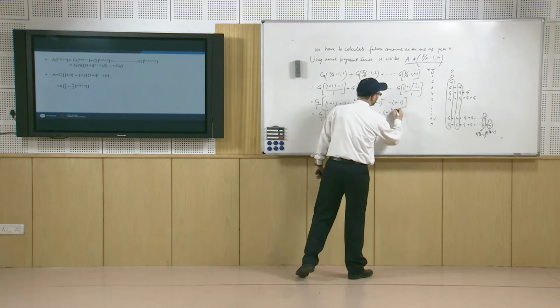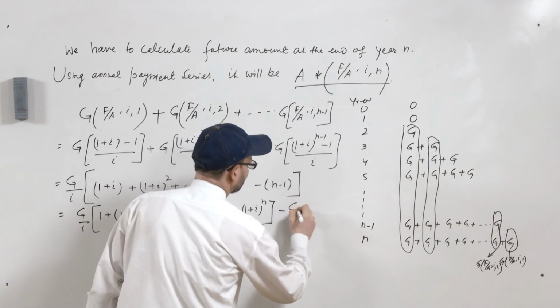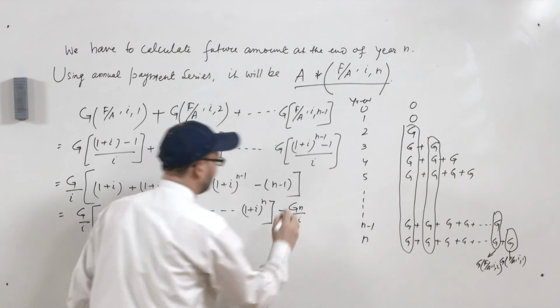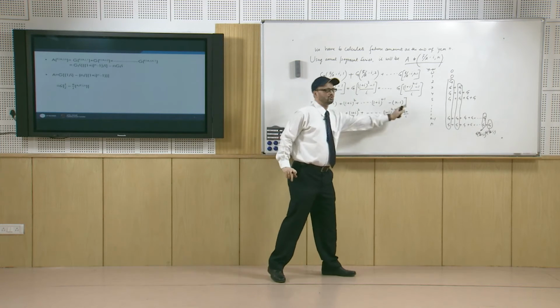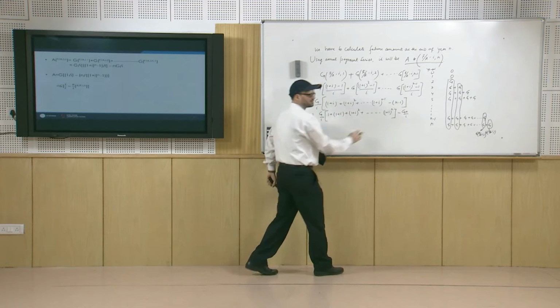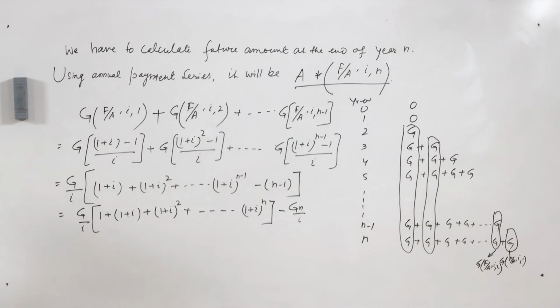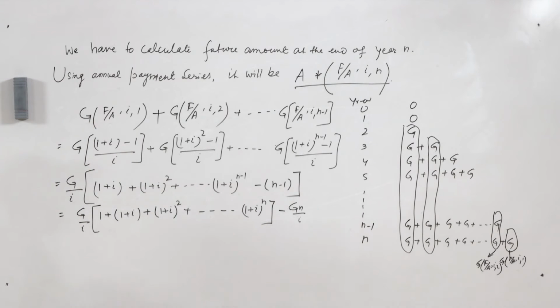This will be one term minus g n by I. So, we have separated now this term with n outside, and the term which is inside the bracket is a geometric progression term, and summation of the GP series term will be used.